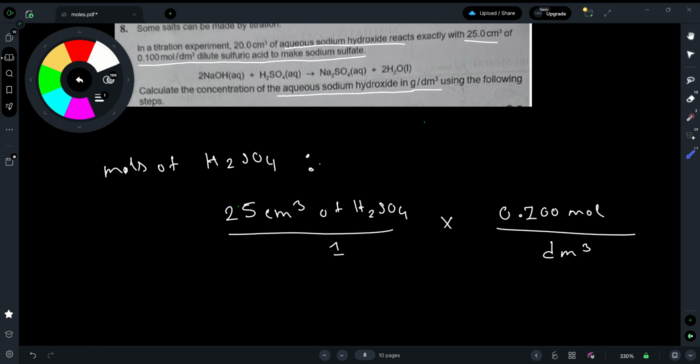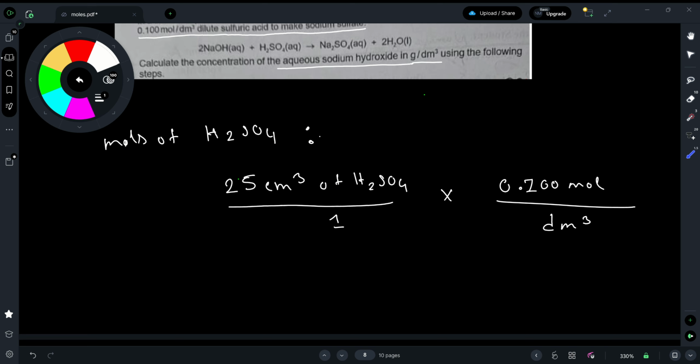So immediately you'll notice a problem. We have dm³ and cm³, so we have to convert our units, because dm³ and cm³ are not the same units, so we can't cancel them.